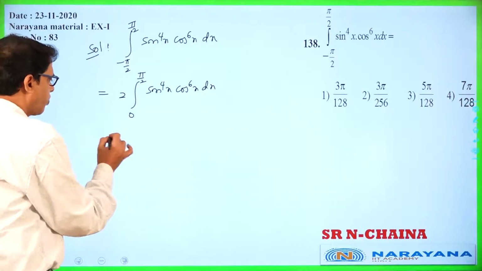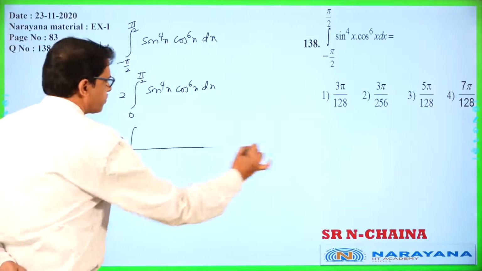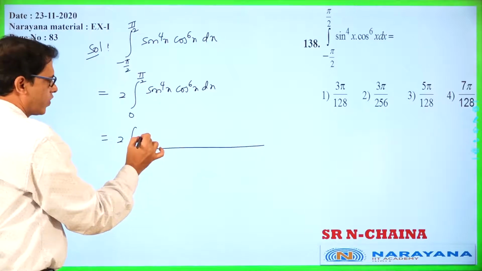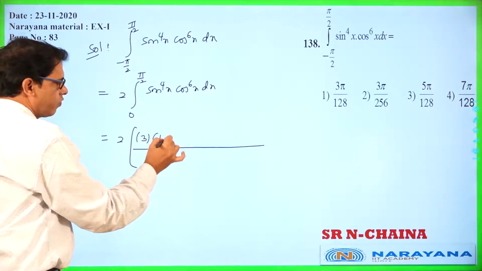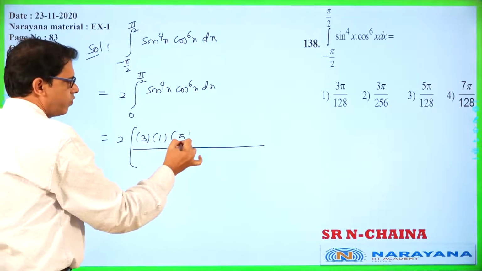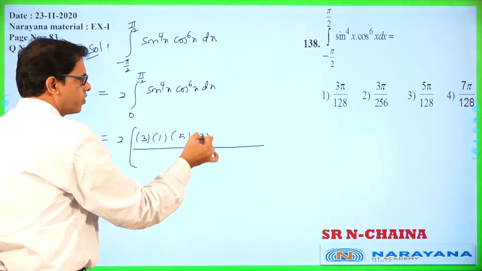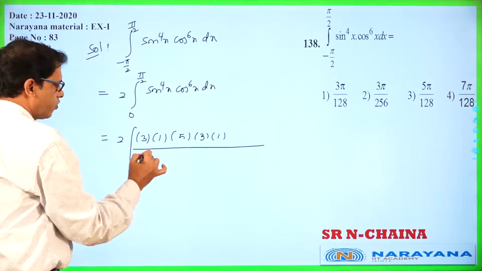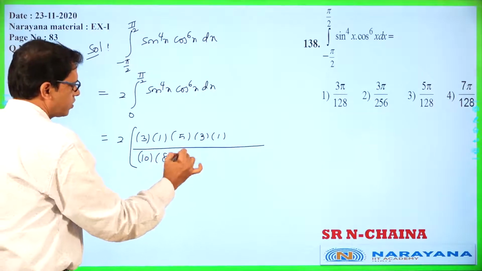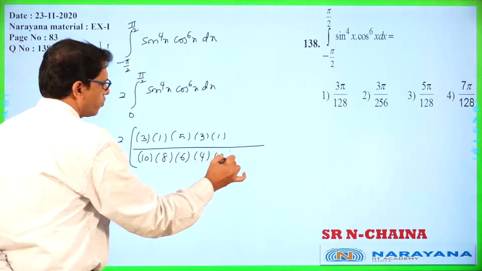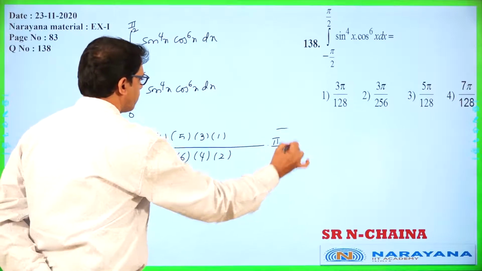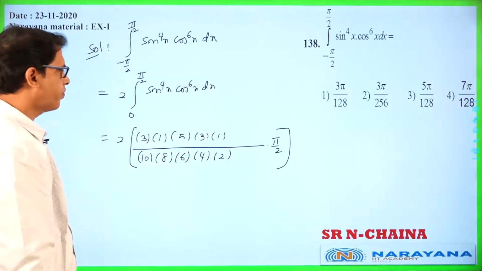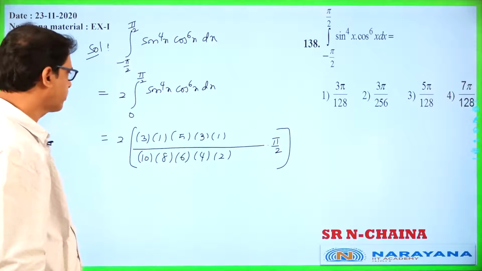Now here apply directly. So 2 into: first 4 minus 1, so 3, 1. Here 5 minus 2, 3. So 3 minus 2, 1. Denominator: 10, 8, 6, 4, 2 into pi by 2, because both are even.